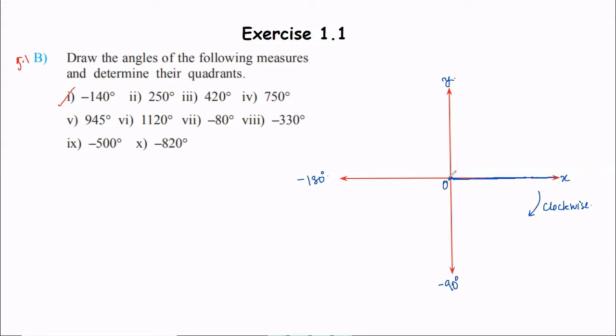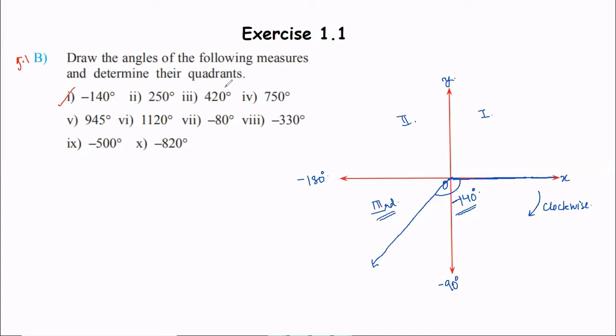So it will come somewhere over here, and that will be your angle, minus 140 degrees. So you can say that minus 140 degrees lies in, this is the first, this is the second, and this is the third quadrant. So minus 140 has been plotted and it lies in the third quadrant.